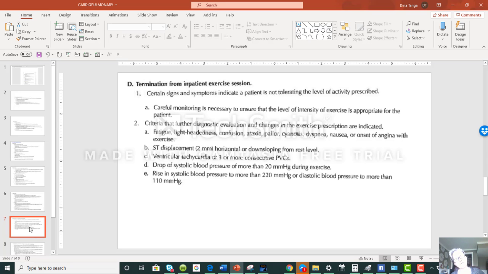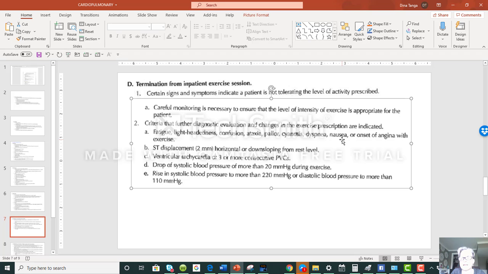Criteria that further diagnostic evaluation and changes in the exercise prescription are indicated: fatigue, lightheadedness, confusion, ataxia, pallor, cyanosis, dyspnea, nausea, or onset of angina with exercise.